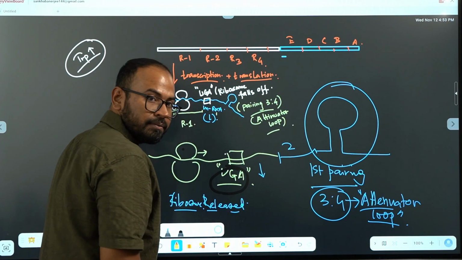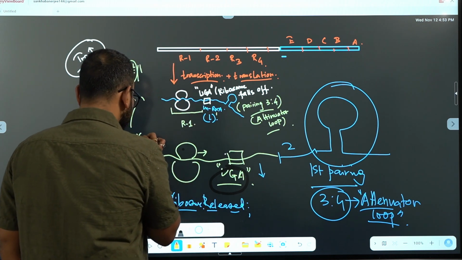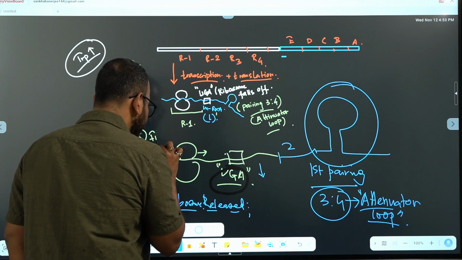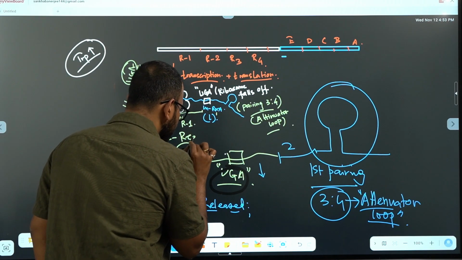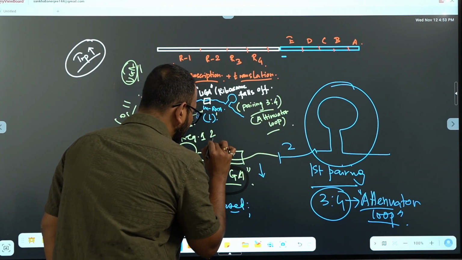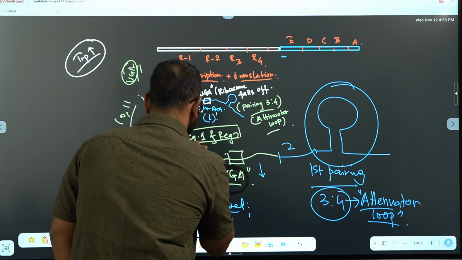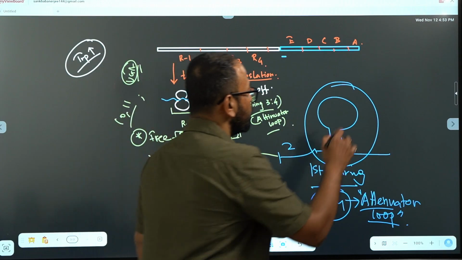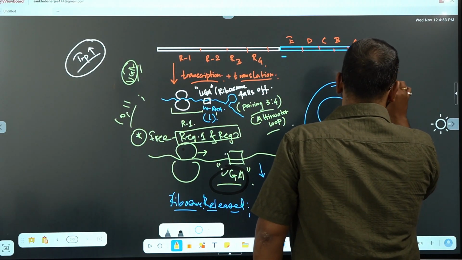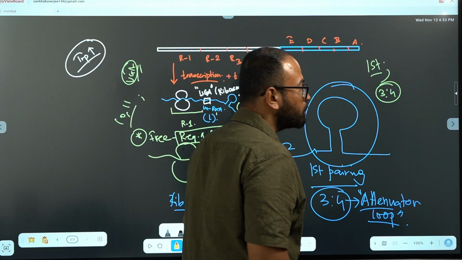then what is happening? We are getting free region 1 and region 2. We are getting free region 1 and region 2. Therefore, the first pairing is between 3:4, which is the attenuator loop.